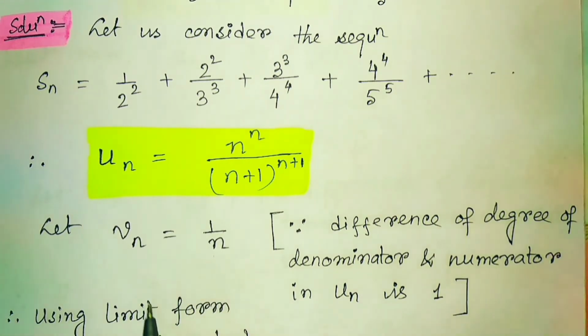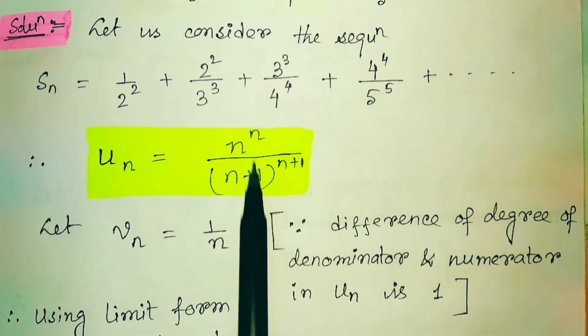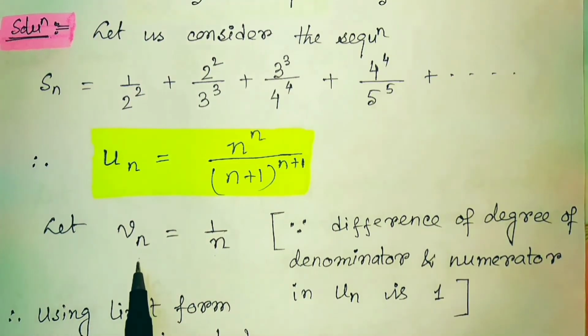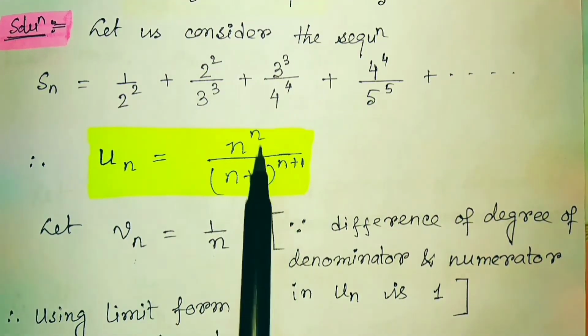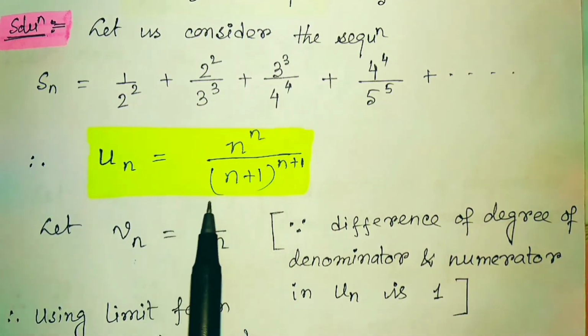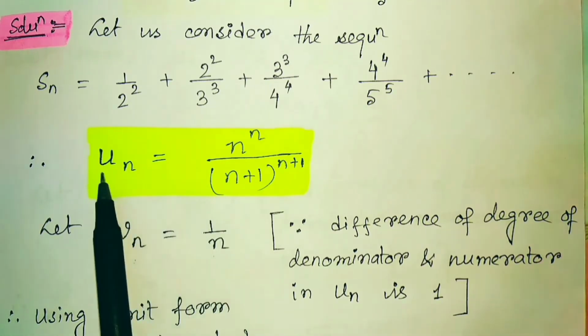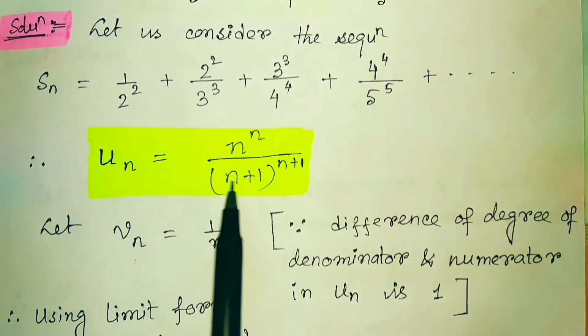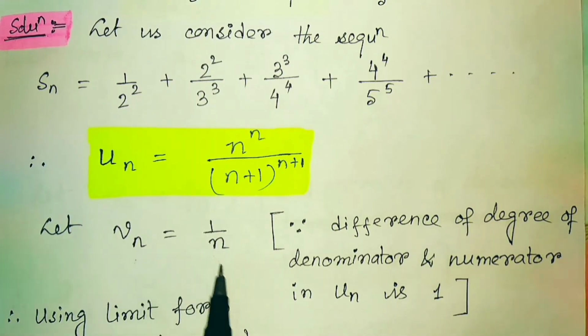That means our target is actually to make these two degrees equal. So whatever difference we find, we adjust that difference by this Vn. As the difference between the degrees of the denominator and numerator in Un is 1 for the variable n, we take Vn equal to 1 by n.